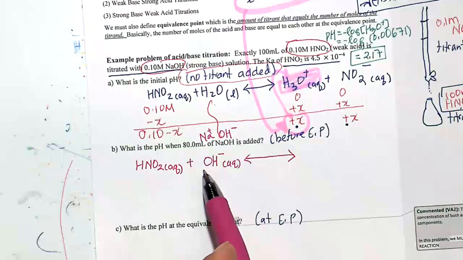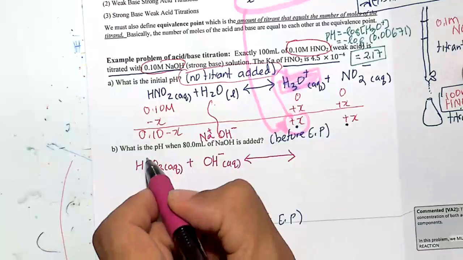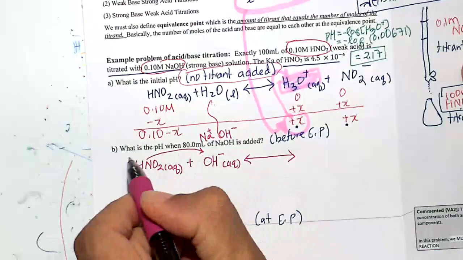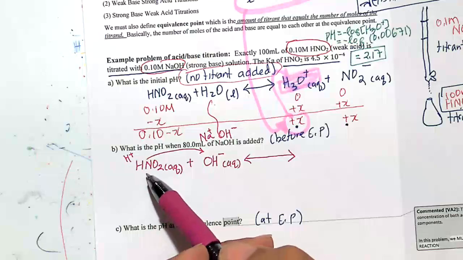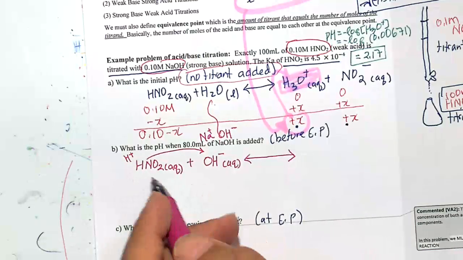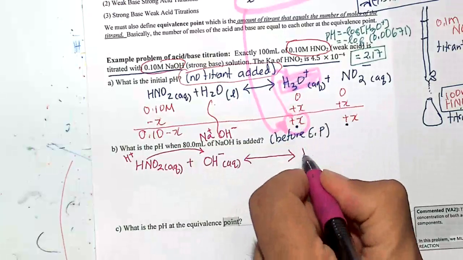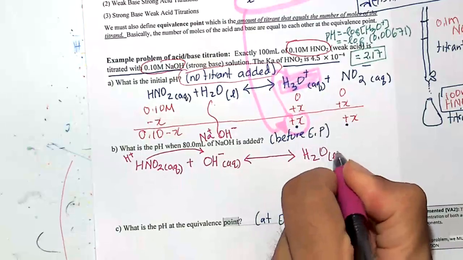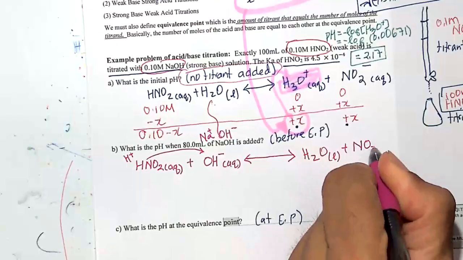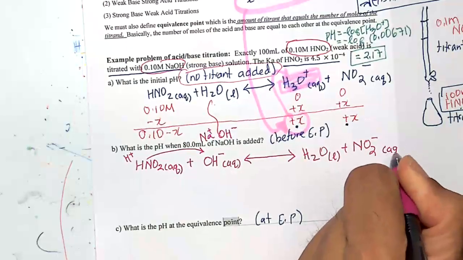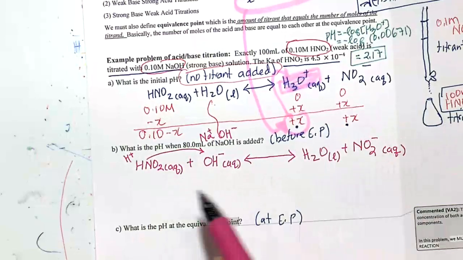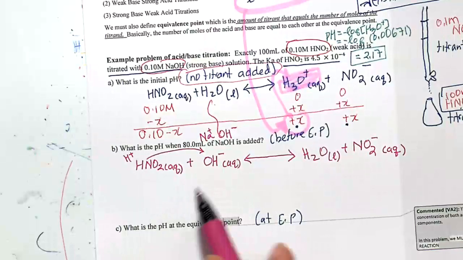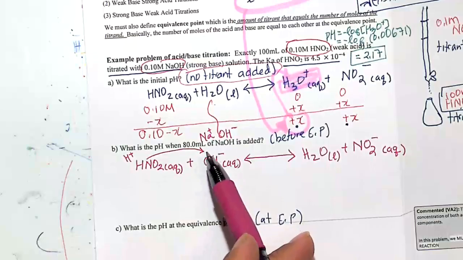Is it a strong base? So what will it do? It's going to take this proton from the weak acid, nitrous acid. Nitrous acid is HNO2. When it grabs that proton, it will give you H2O liquid plus NO2 minus. So this is the reaction that happens with this weak acid and that strong base. The Na plus is spectator ion.